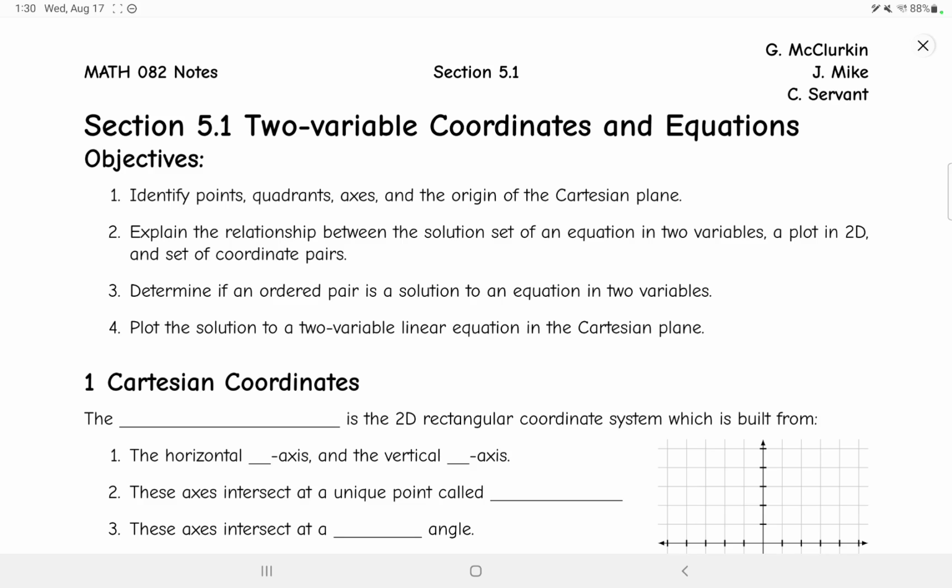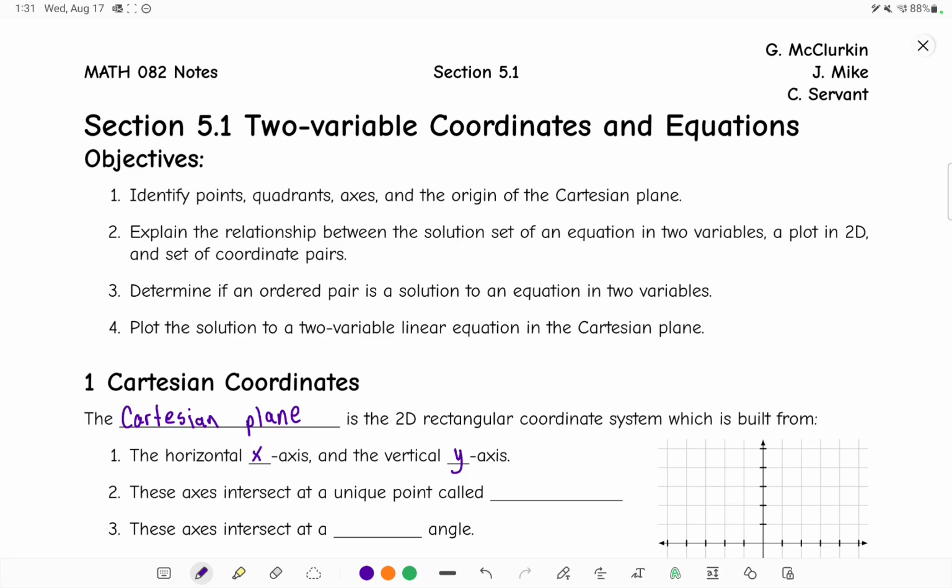Part 1. Cartesian coordinates. The Cartesian plane is the 2D rectangular coordinate system which is built from the horizontal x-axis and the vertical y-axis.